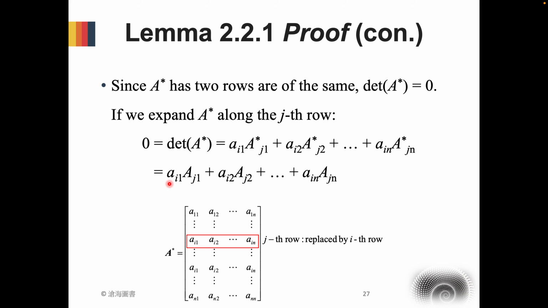So we can rearrange the original calculation as this one. This is ai1 times capital AJ1 plus ai2 times capital AJ2 and so on, where i is not equal to j, and we can see that the result of this calculation is equal to 0.